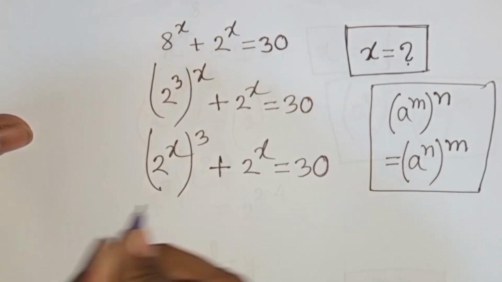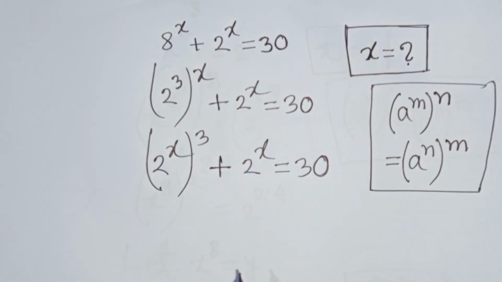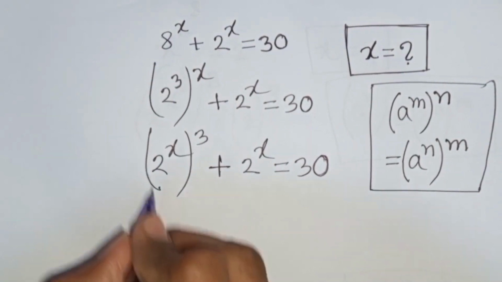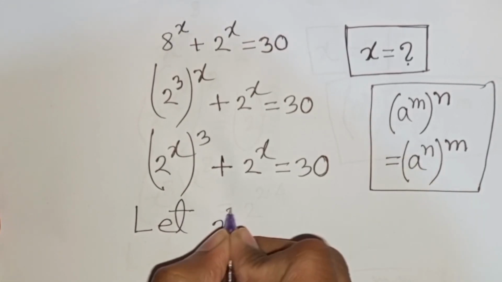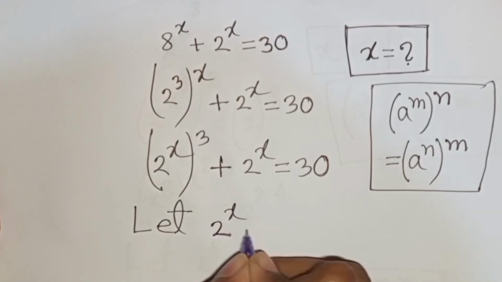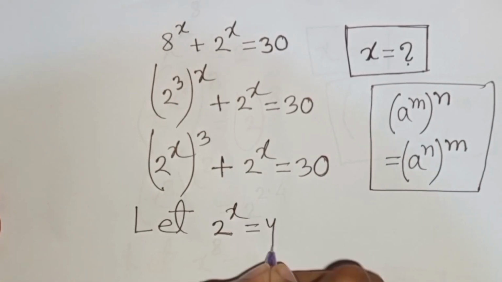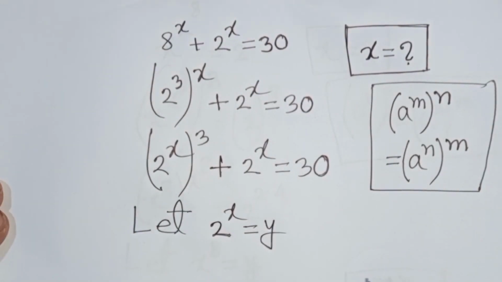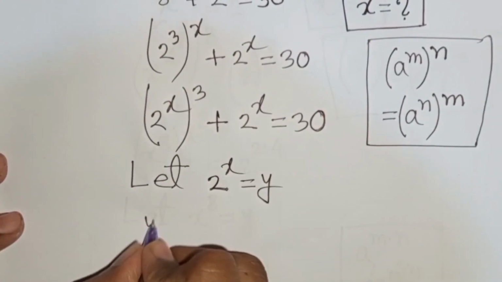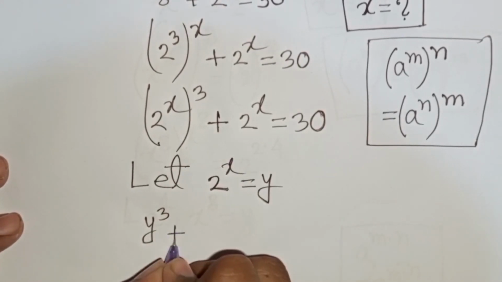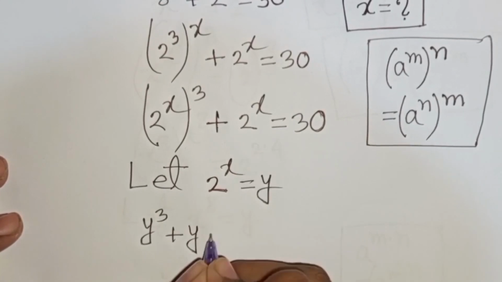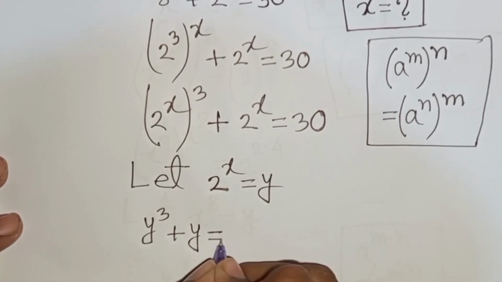Now we see 2 power x, both terms are same. So let 2 power x be substituted by y. So our equation will be y cube plus y is equal to 30.